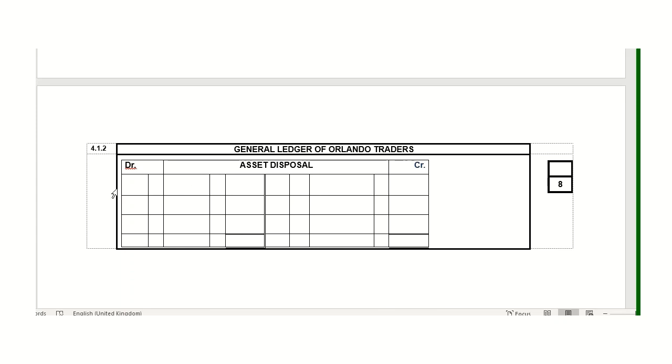The asset disposal. Know the layout of this account. On the debit side, I will have the cost of the item sold. On the credit side, I'll have the accumulated depreciation up to the date of sale of the item that was sold, and I will also have whatever I received for the item that I sold or disposed of, plus the account that it must go to.